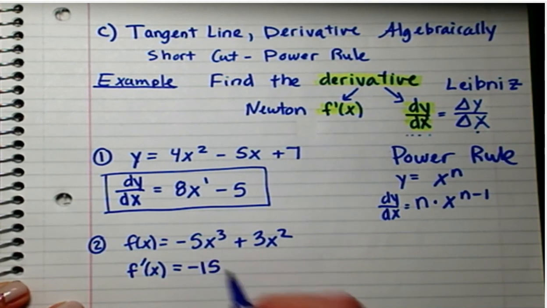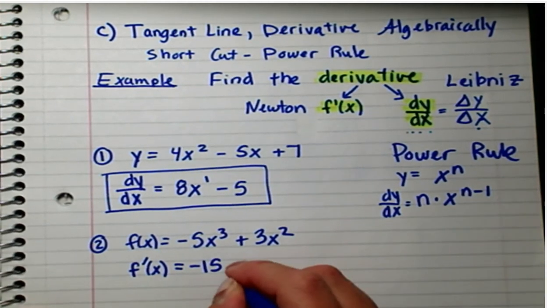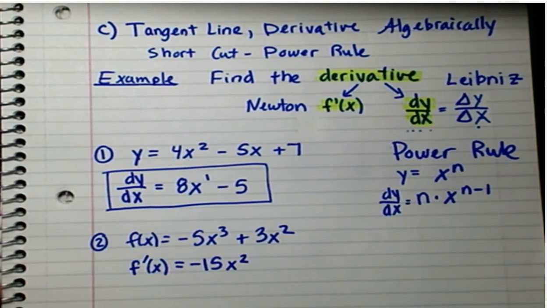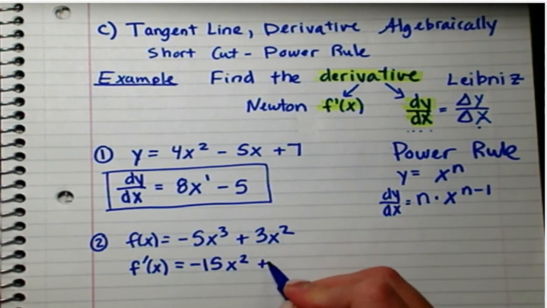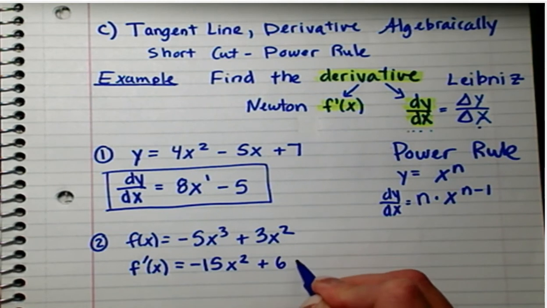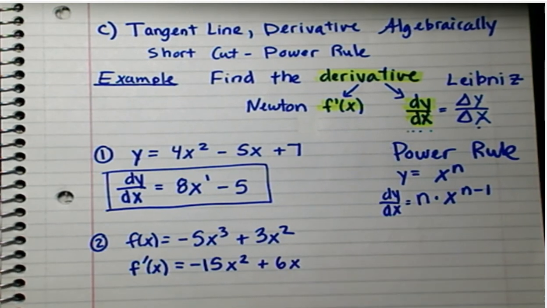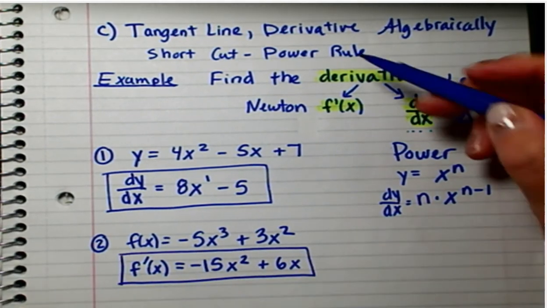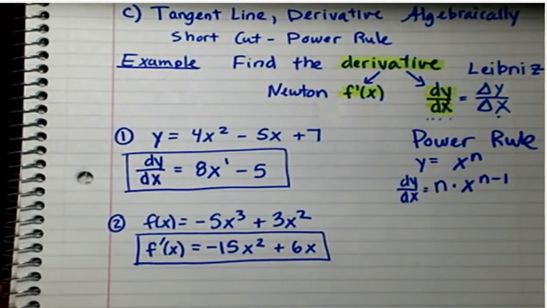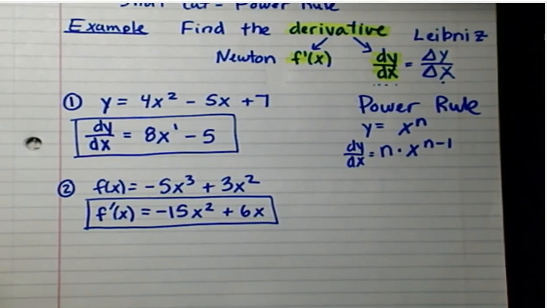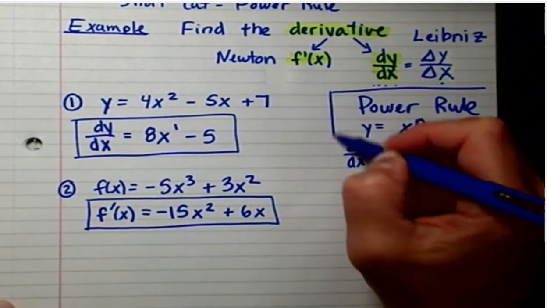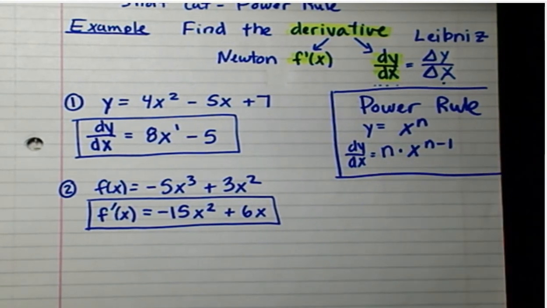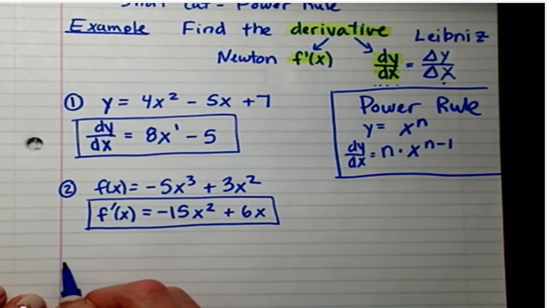So minus 15x squared plus 6x to the first. You do not need to write the first power. This is the derivative. Just going to put a little box around this. Sort of important.